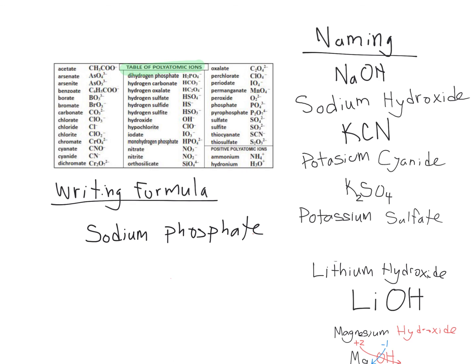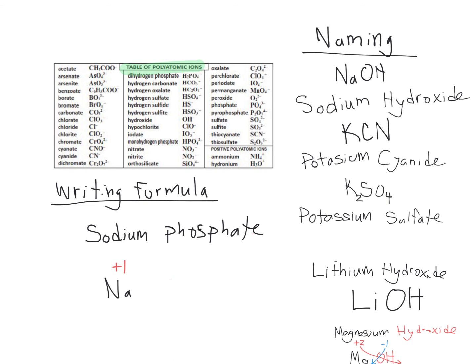Okay, here's one last sample problem for you to try on your own. Please pause the video and give it a try, and then check your answers off of mine. And I'm going to go ahead and solve this now. So sodium is going to be Na, just basing that off the periodic table, with a charge of +1. And phosphate, that's a funny word, so I'm going to know right away that I need to check my table of polyatomic ions, and that's going to be found right here.